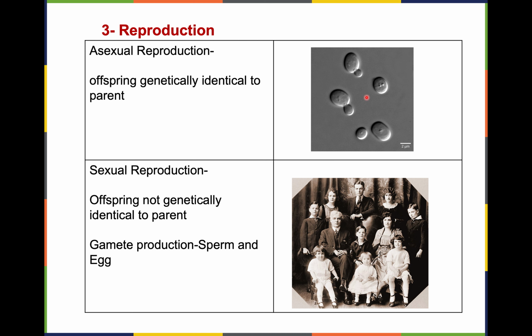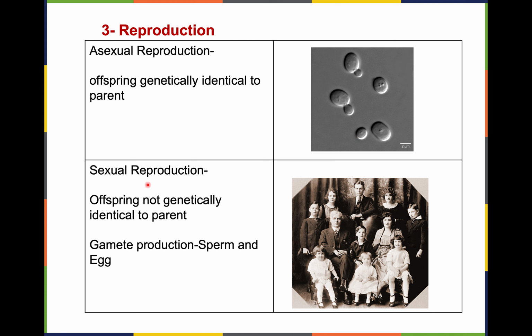An example is baker's yeast that multiplies pretty much by budding a new organism. So the cell starts like this, but part of it is going to start forming this bud, and this bud keeps growing and growing until it splits off from the parent. And these two cells that emerge are identical to each other in every way.